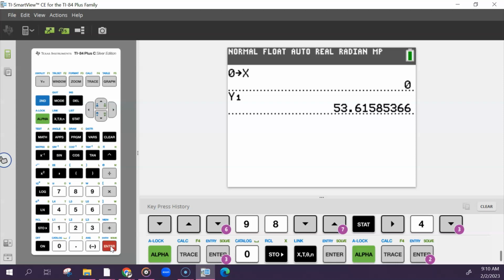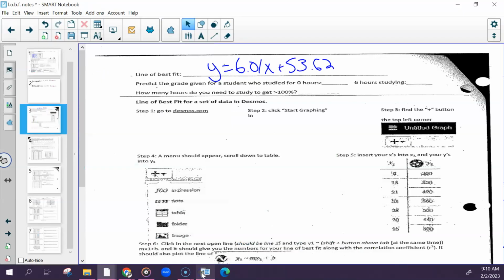Anyone else not get that answer? So what it did was all the decimals and stuff we saw, it put 0 in for X and it solved it for us. I'm going to show you 2 ways to do this on the calculator. You choose if you're using a calculator. So our answer here would be 53.62.